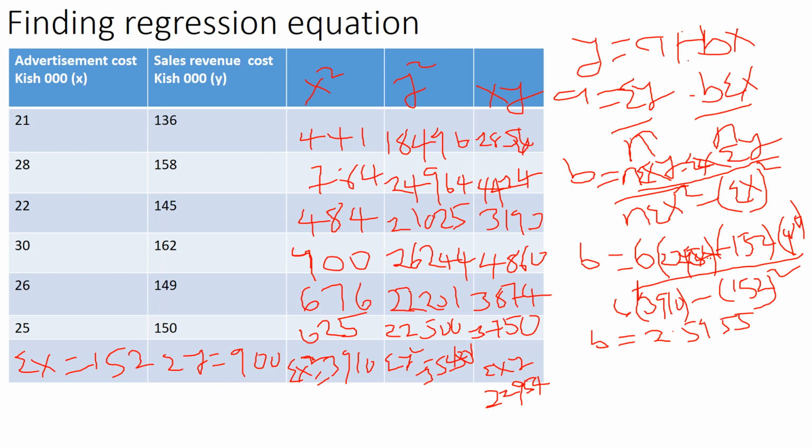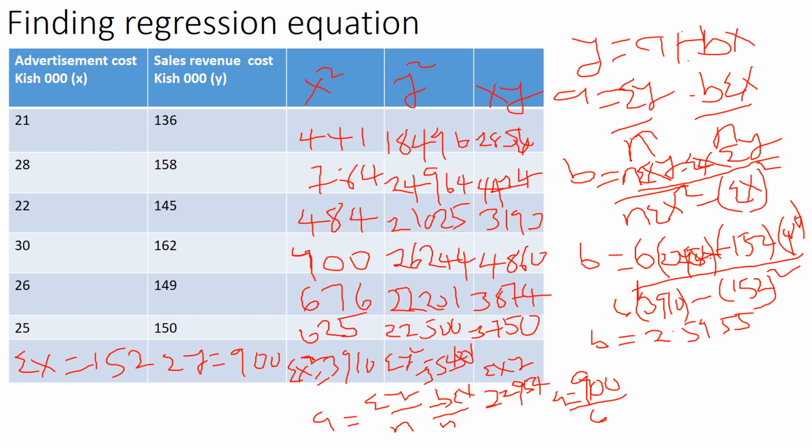So now with that we can apply and get the value of a, because we know that a will be given by the summation of y divided by n, then minus b multiplied by the summation of x, divided by n. So to apply this in our formula, the summation of y is 900, so we have 900 divided by 6.